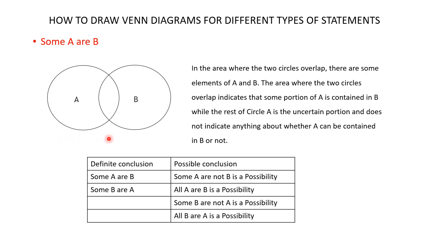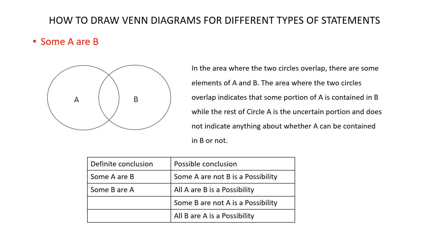Now that you have drawn the Venn diagram for the statement some A are B, let's find out what definite conclusions and what possible conclusions can be arrived at using this Venn diagram. First, let's concentrate on definite conclusions.